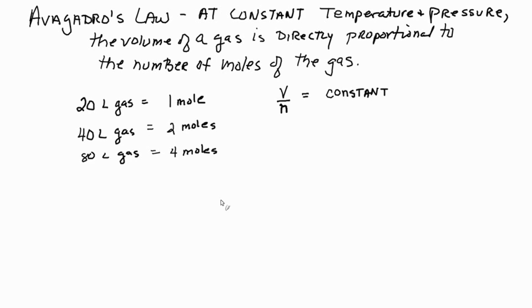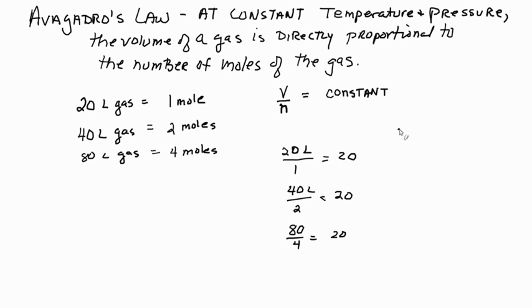So for instance, 20 liters divided by 1 mole gives us 20. 40 liters divided by 2 moles gives us 20. 80 liters divided by 4 moles gives us 20. So for this particular gas at this particular temperature and pressure, we would get a constant number of 20.